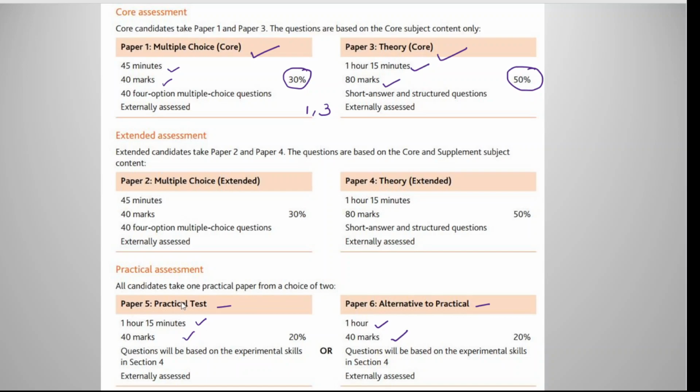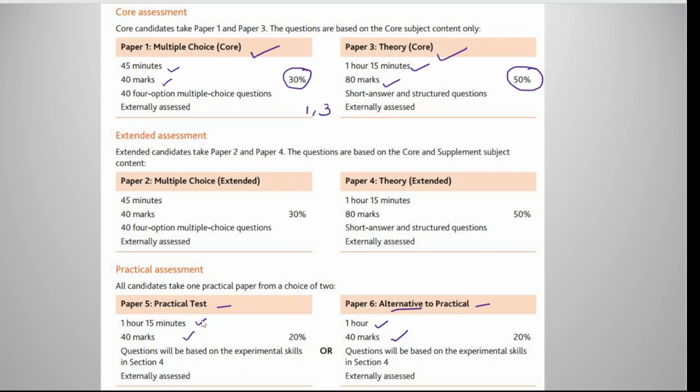So in practical test, basically you get the setup done. You have to take the readings on your own and answer the questions given in the paper. Whereas alternative to practical, as the name suggests, is an alternative. So here the practical readings and everything are already given and you just have to answer the questions.